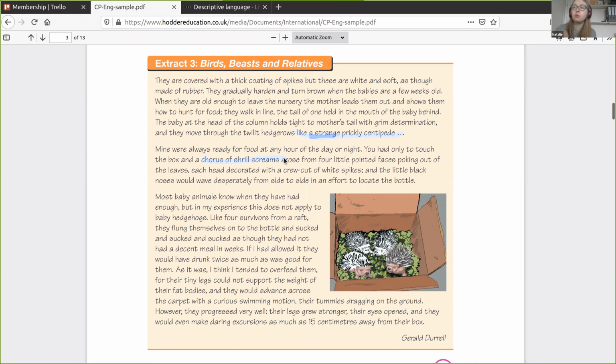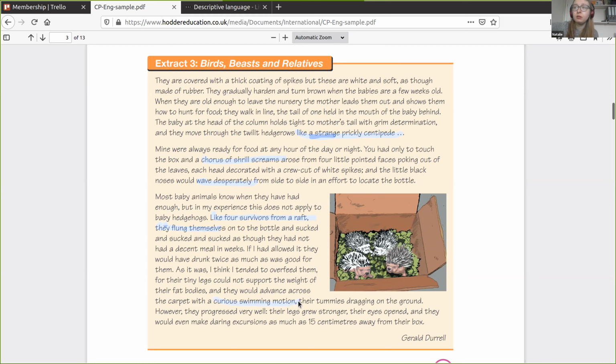We're attributing screaming like a human, in fact, screaming like something that has a really high-pitched scream like a child, to the hedgehogs. We've got emotive language, "waving desperately." We've got "like 4 survivors from a raft." Again, another simile. "Flung themselves." We could say that's personification, because that's a very human thing to do.